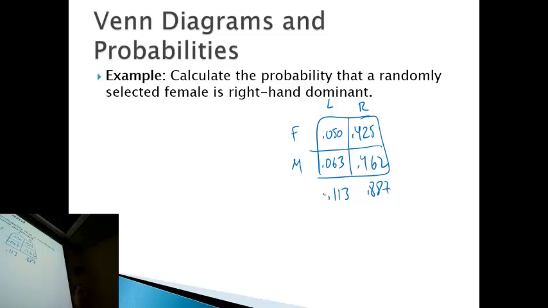Okay. Putting on our chapter 6 hats and thinking about these in terms of percentages of probabilities. What do we know about this person? Is this person female, male, right-handed, left-handed? What do we know for sure? Female, right? It says there's a calculated chance that a randomly selected female. So if I know someone's female, no offense, but I don't really care about the guys. The female percent was 0.475.